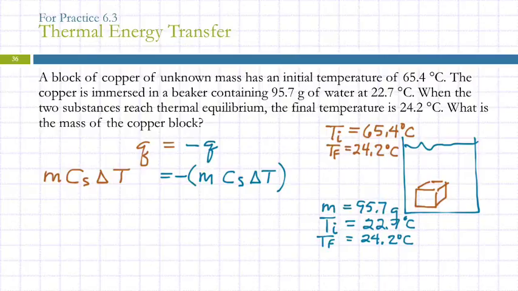So there's our equation. What are we trying to find? The mass of the copper. So this is what we want to find. So we rearrange the equation. So I'm going to divide both sides by what I want to get rid of, C and ΔT.